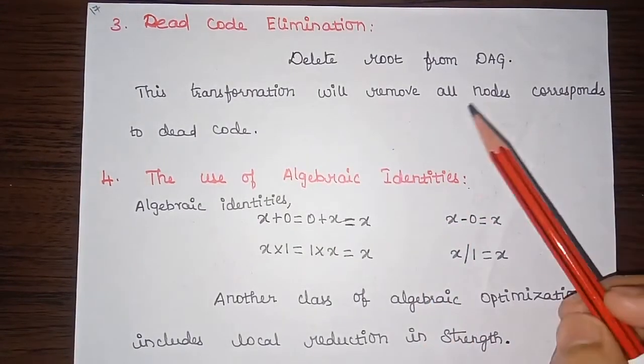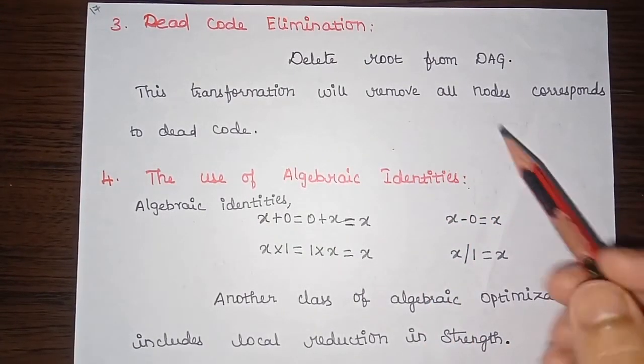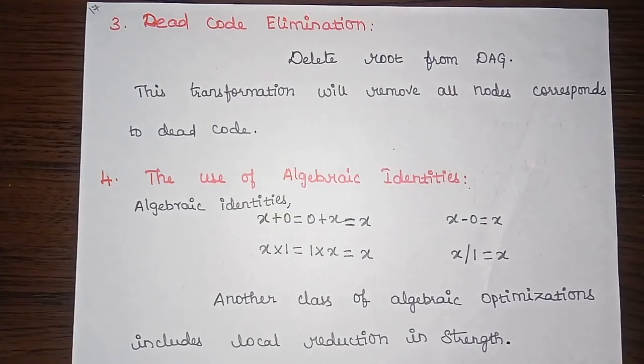Then the next transformation is the dead code elimination. So here which code is considered as dead code means, as I mentioned already, when we have a code and the value of that particular code is not going to be referred in the future. So if that is the case, then we can say that it is a dead code. So here we are going for dead code elimination.